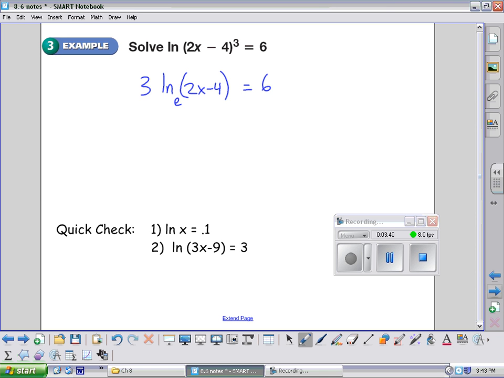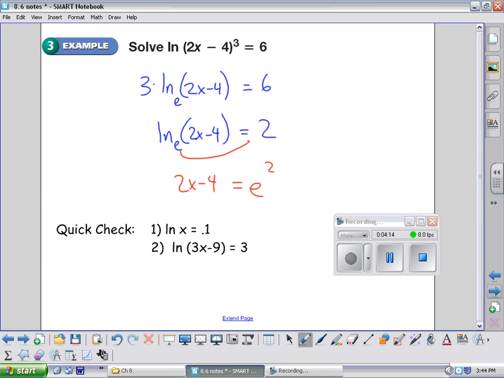Then I can divide: 6 divided by 3 is 2. You can do that, right? And then basically we get e squared, swoosh across here.